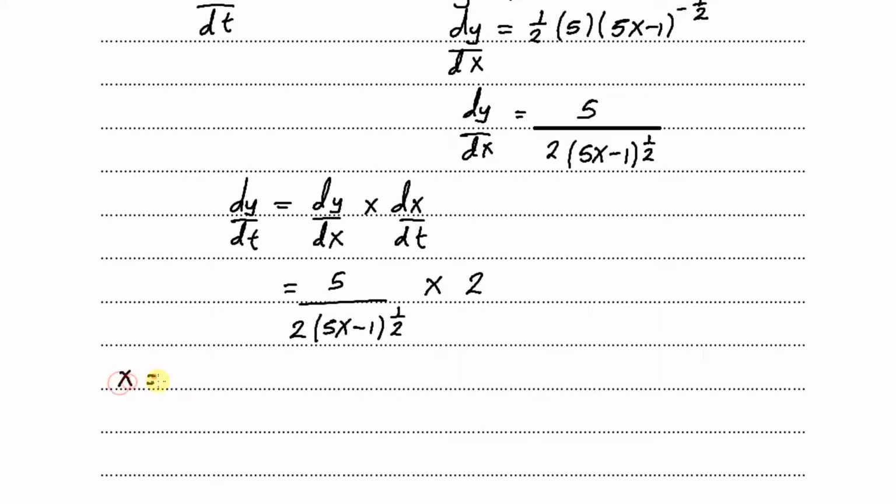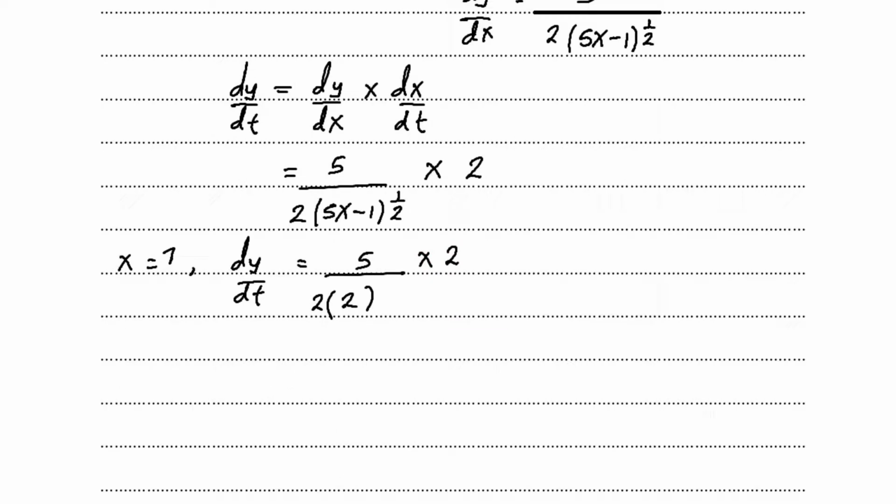So we know that x is equal to 1, and therefore the dy by dt should come out as 5 over, and that's 2, and 5 times 1 is 5, 5 minus 1, that's 4, and 4 to the power of a half is like square root of 4, so we get 2 here, and that's multiplied by 2.